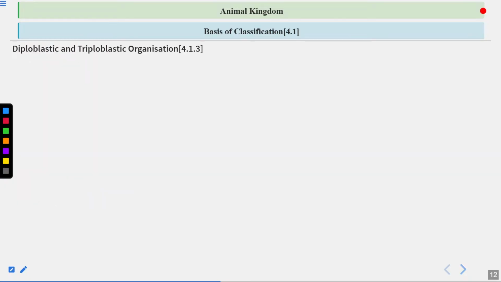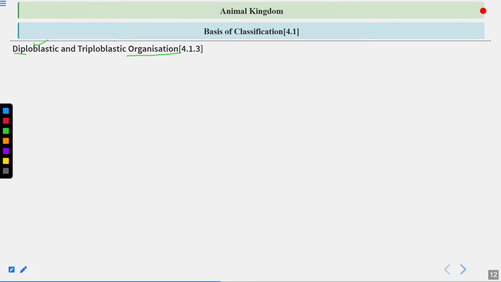Now, diploblastic and triploblastic organization. What actually is this? When there is formation of an embryo, the zygote forms after fertilization, divides and redivides, and forms a number of cells.